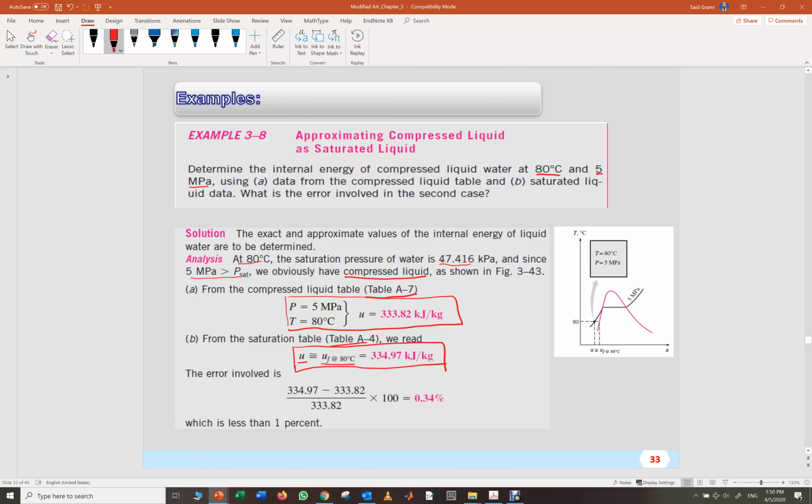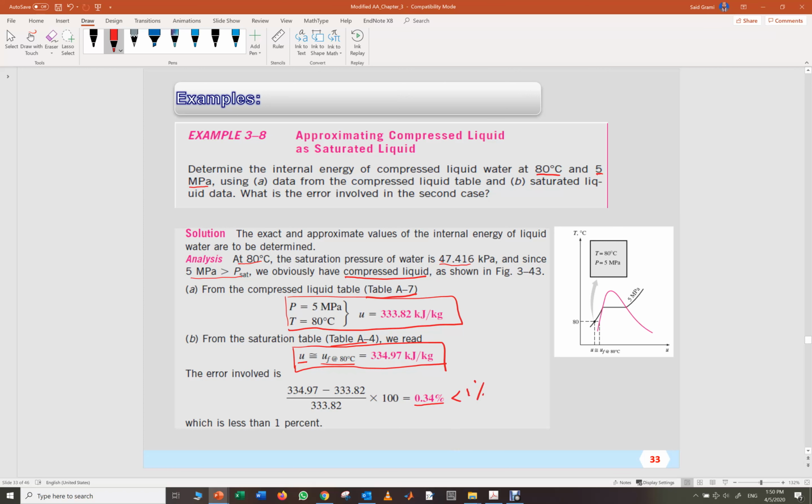So now we can calculate the error between this value and this value. It will be 334.97, given by the table as saturated liquid, minus 333.82, given from the compressed liquid table, divided by 333.82 multiplied by 100 to get the percentage. So the percentage is 0.31%, which is smaller than 1%.